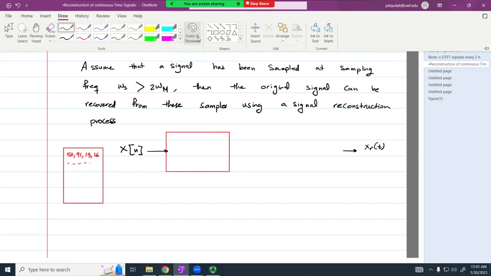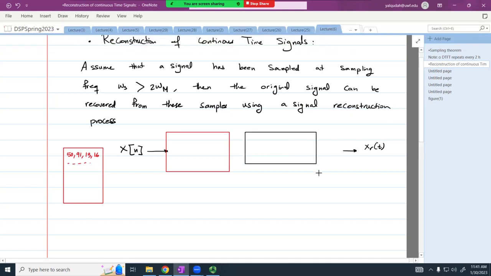The first step, we're going to take these samples and convert them to an impulse train. So this will give me xs of t.